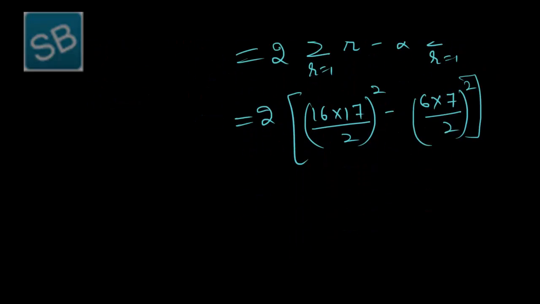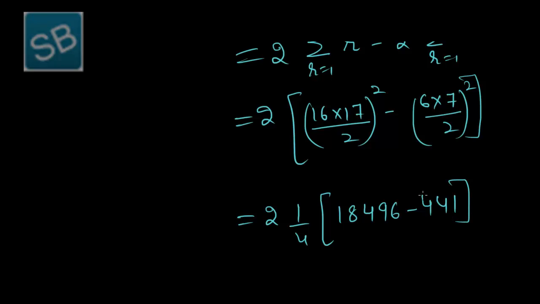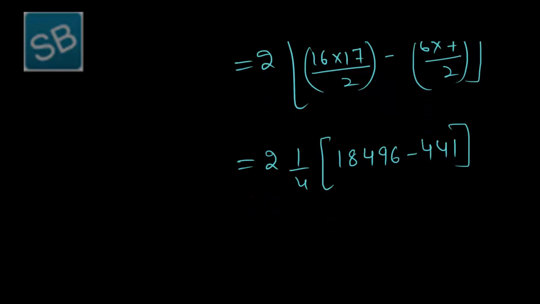That gives 2 into 1 by 4, again common, and on multiplication we get 18,496 minus 441. We get 1 over 2, and on subtracting these two we get 18,055.